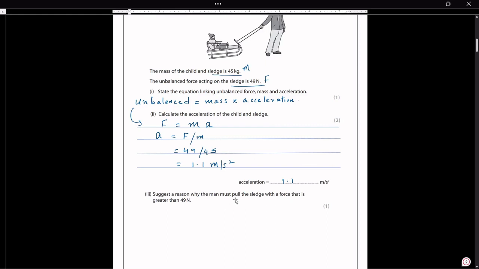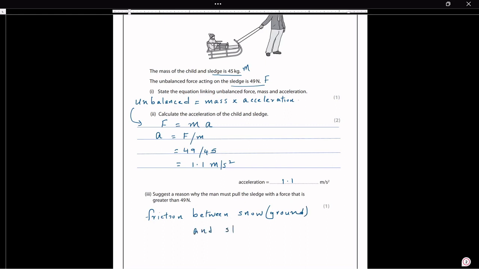But he has to apply a force greater than 49 because there may be friction between the snow, or I can even say the ground, and the sledge.